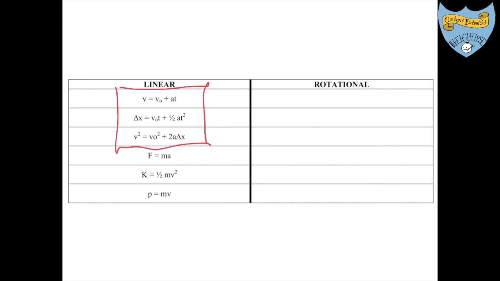If you're not sure what I mean by that, you can look at me translate the first one, and then go on and write the others. All right, here's the first one. We said v is analogous to omega, right? Linear velocity is analogous to angular velocity. So that first equation would be omega equals omega naught plus, not at, but alpha t.